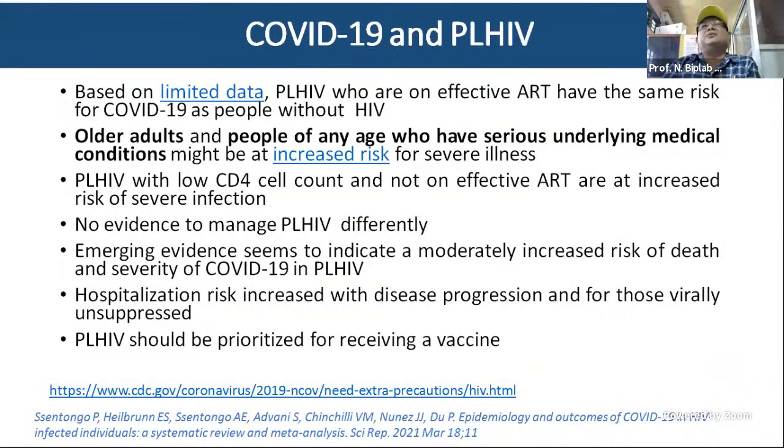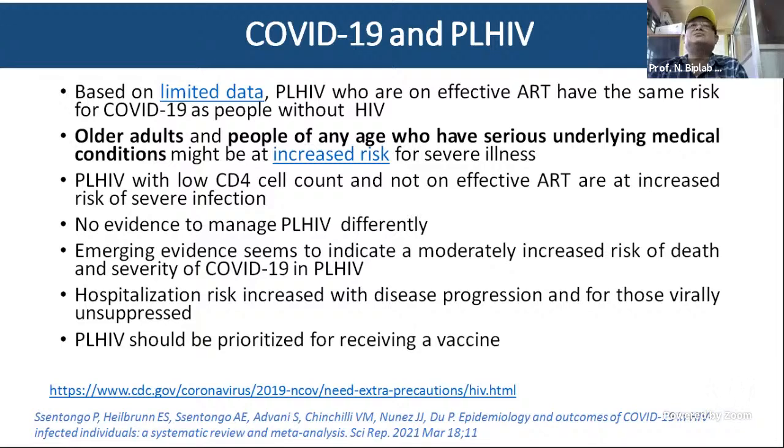Now, what about COVID-19 and PLHIV? Based on limited data, PLHIV who are on effective ART have the same risks of COVID-19 as people without HIV. The older adults and the people of any age who have serious underlying medical conditions might be at increased risk of severe disease. The PLHIV with low CD4 count and who are not on effective ARV are at increased risk of severe infection.